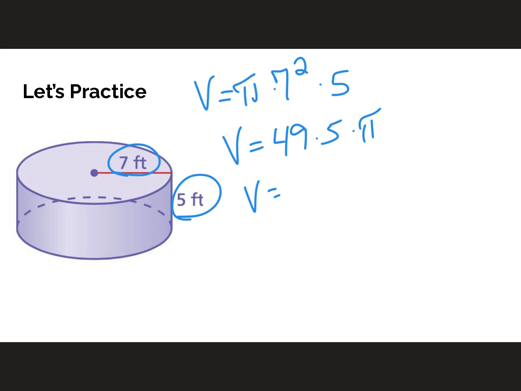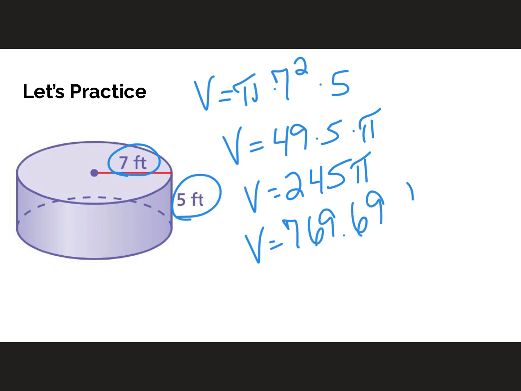So my volume equals 245 pi, which is approximately 769.69. And then if I was to write my units, it'd be cubic feet, so feet cubed. All these would be cubic feet because we're multiplying feet times feet times feet.